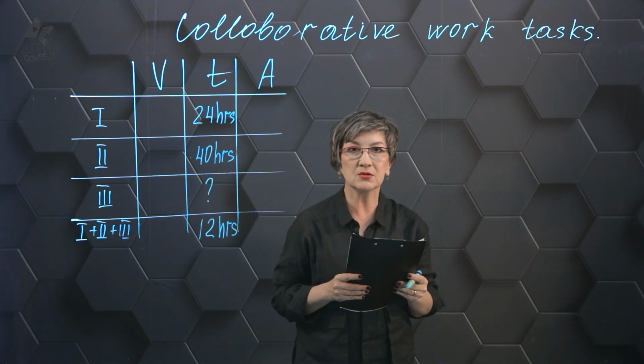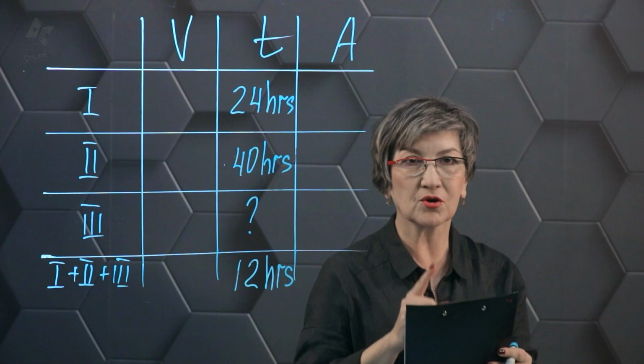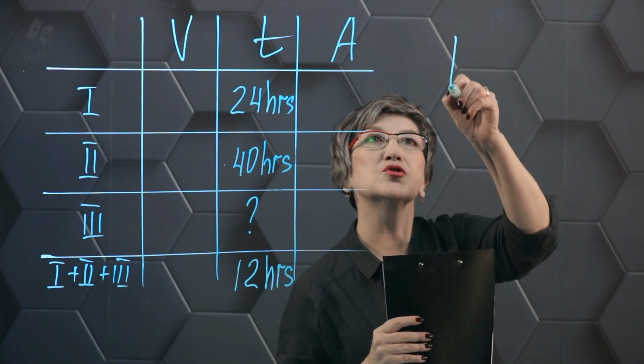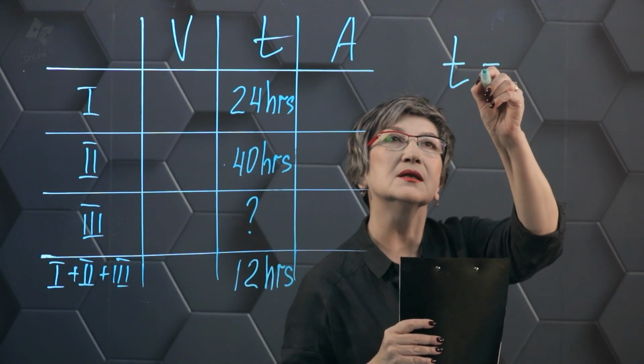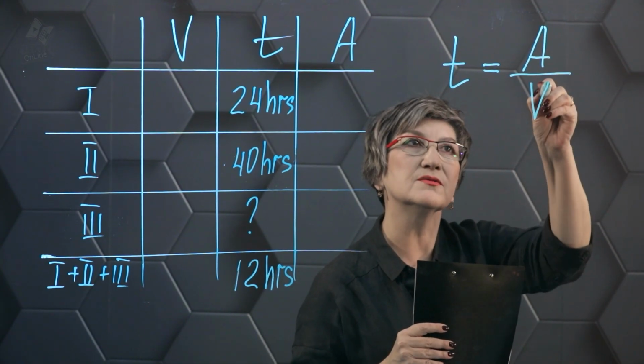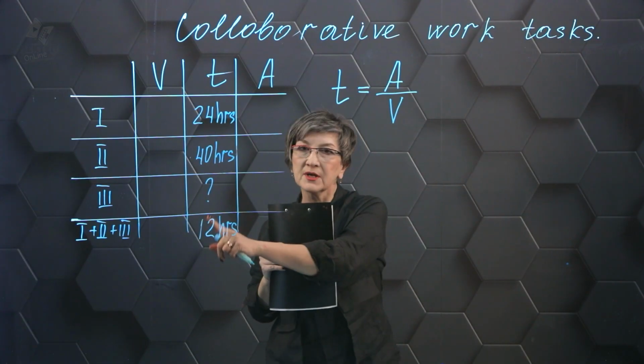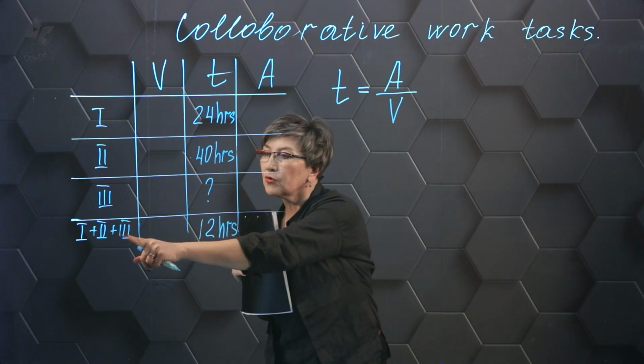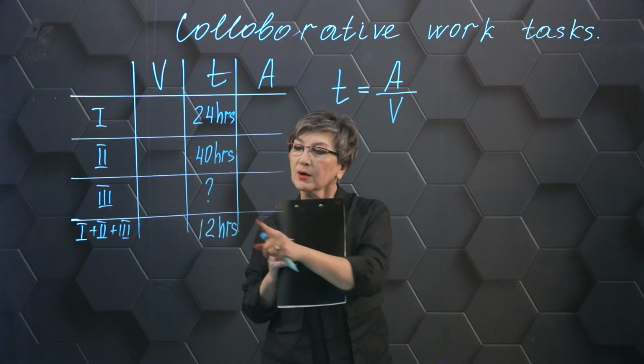Now let's solve this problem. Let's remember the formula. To find the time, we need to divide the work by the productivity. But in our condition, 3 workers did the work in 12 hours.